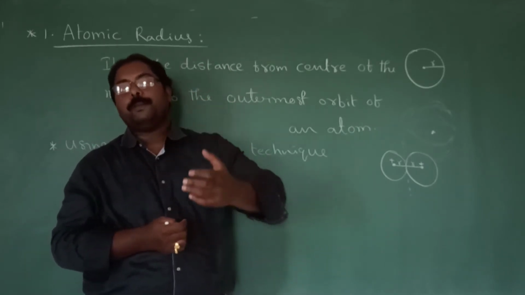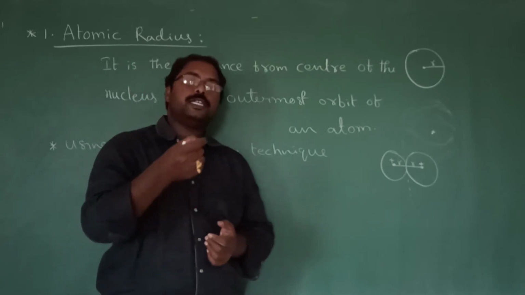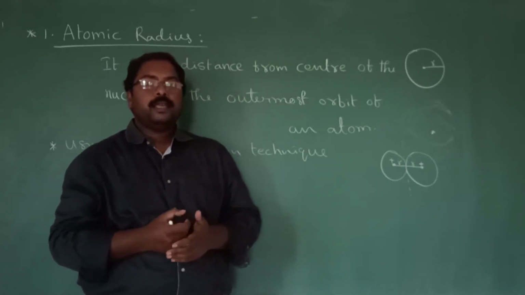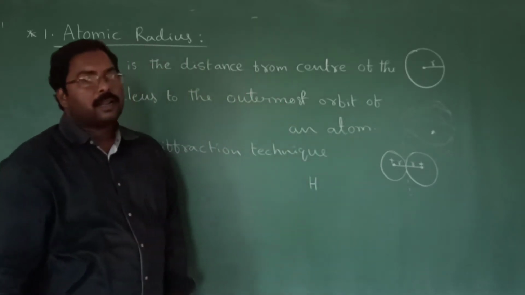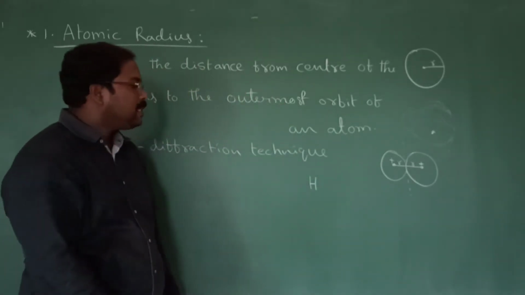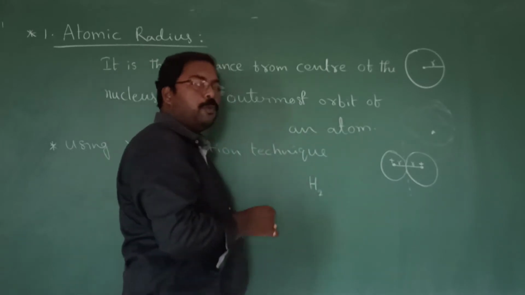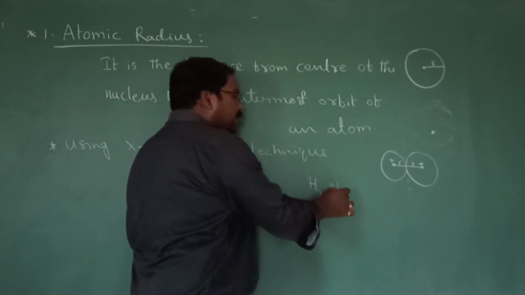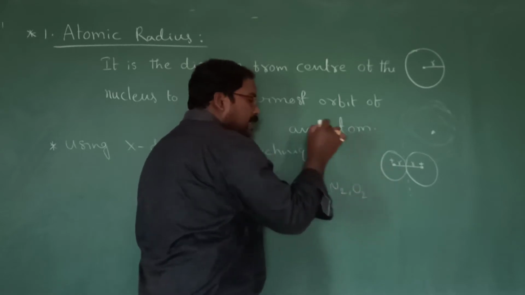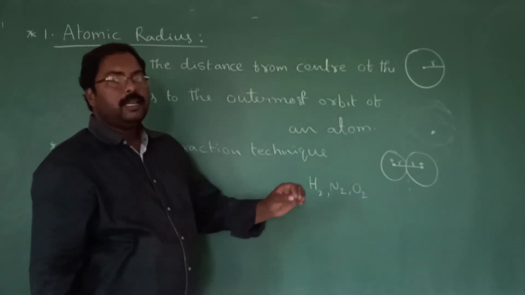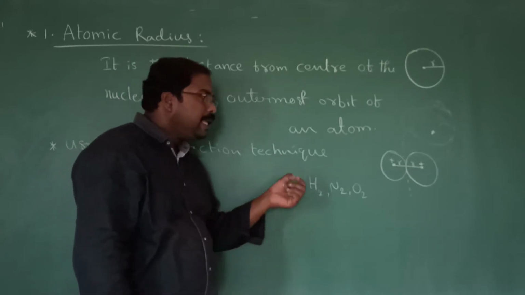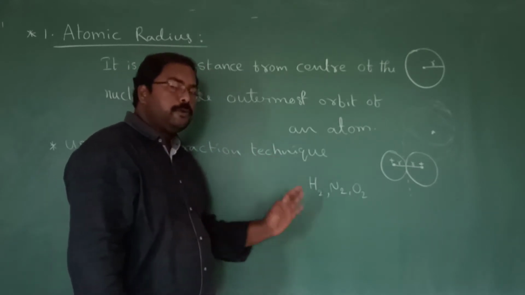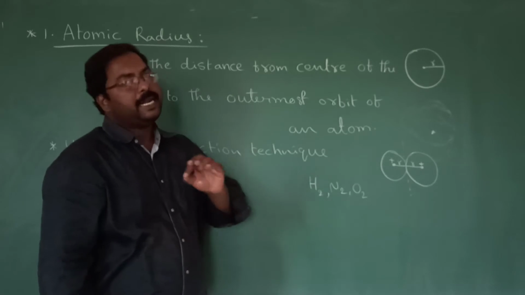But coming to non-metals, if you take hydrogen, chlorine, fluorine, can you have a hydrogen atom in nature? No. Hydrogen exists in nature as an H2 molecule, nitrogen exists as N2, oxygen exists as O2. So individual atoms do not exist. So based on their availability, we are going to find the atomic radius.